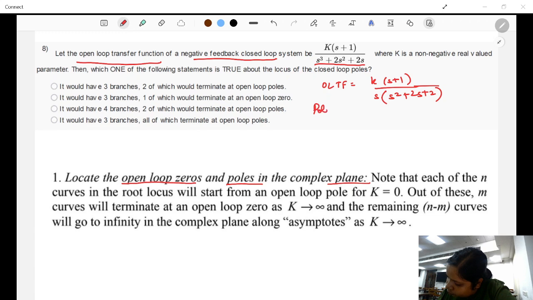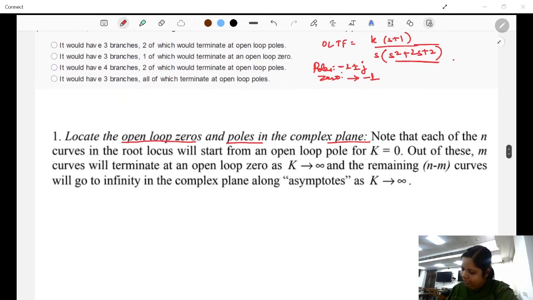If you try to find poles and zeros, what would you get? If you solve this quadratic equation, it would be -1 plus minus j. If you solve for this, you'll get the open loop zero to be -1, sorry. So then you can plot it.